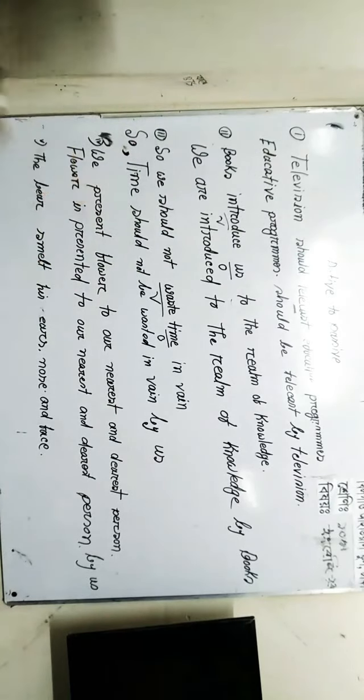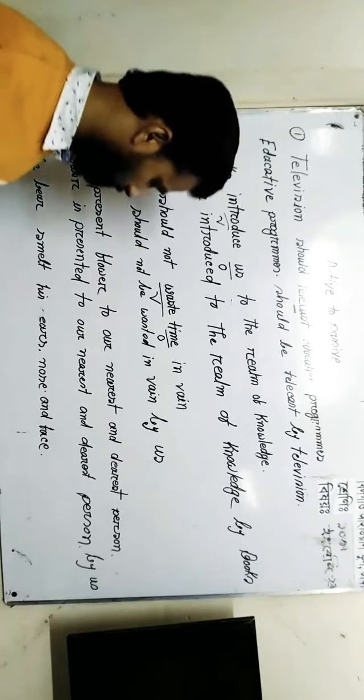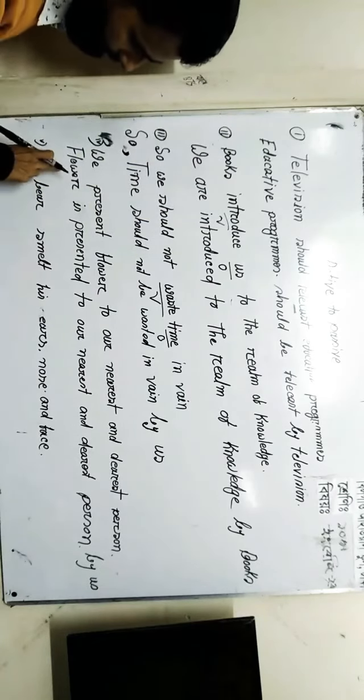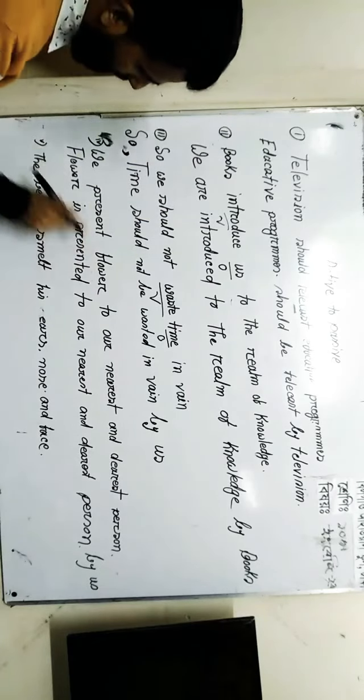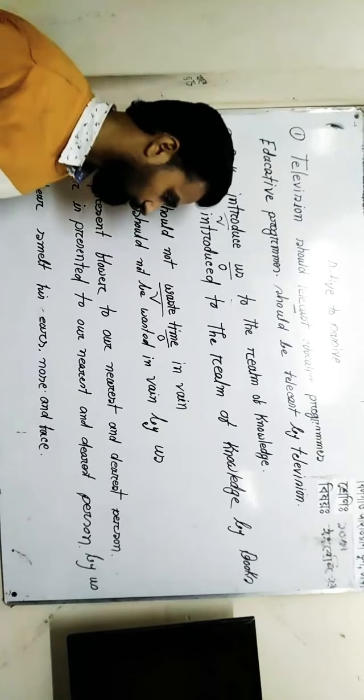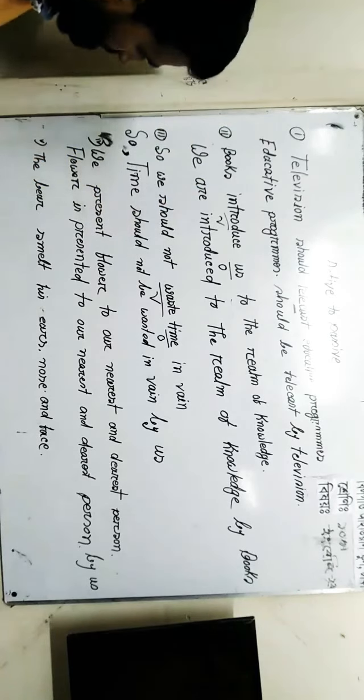This is the present form, so we make the passive voice according to my rules, what I taught you in my previous class. So flower is presented to our nearest and dearest person by us. Don't miss the object in the sentence. If you miss the object, you cannot make passive voice.